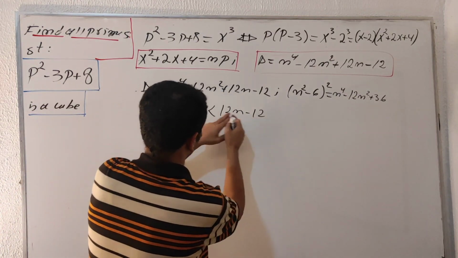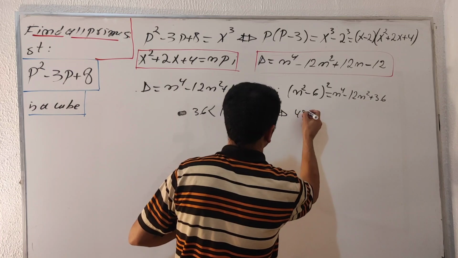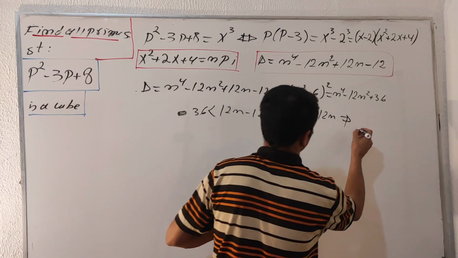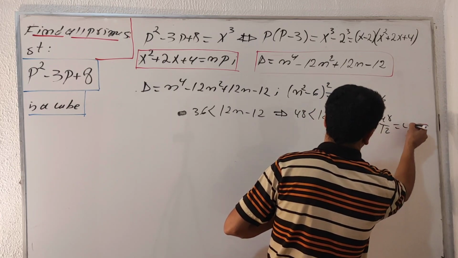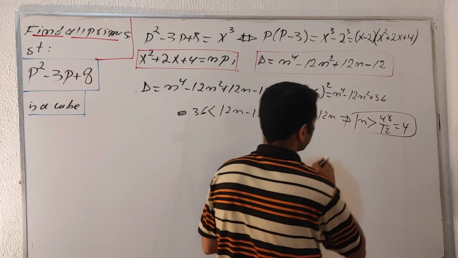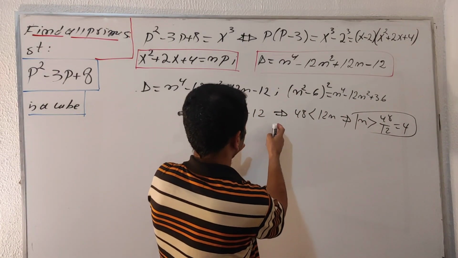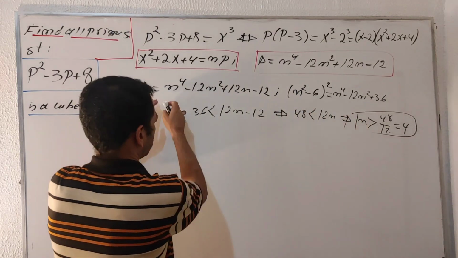So moving 12 over to the left, I get 48 strictly inferior to 12n. This one is telling us n is strictly superior to 48 over 12, which equals 4. This is the only condition that makes this one strictly inferior to this one.